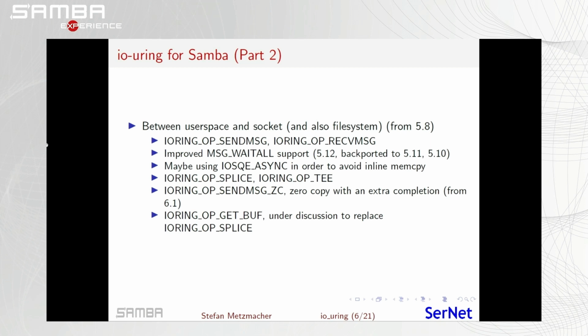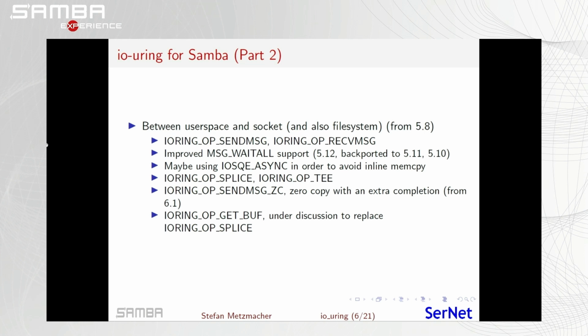Then we have the case between user space and the socket. And for that, we would use the sendmsg and recvmsg operations via io_uring. There are some more details which partly I added to the kernel, where we have special handling for MSG_WAITALL in order to get fewer wake ups.